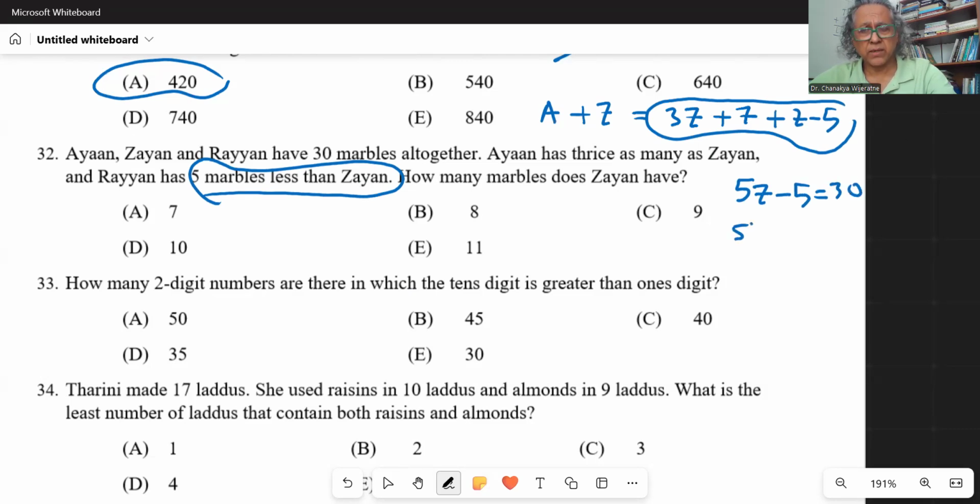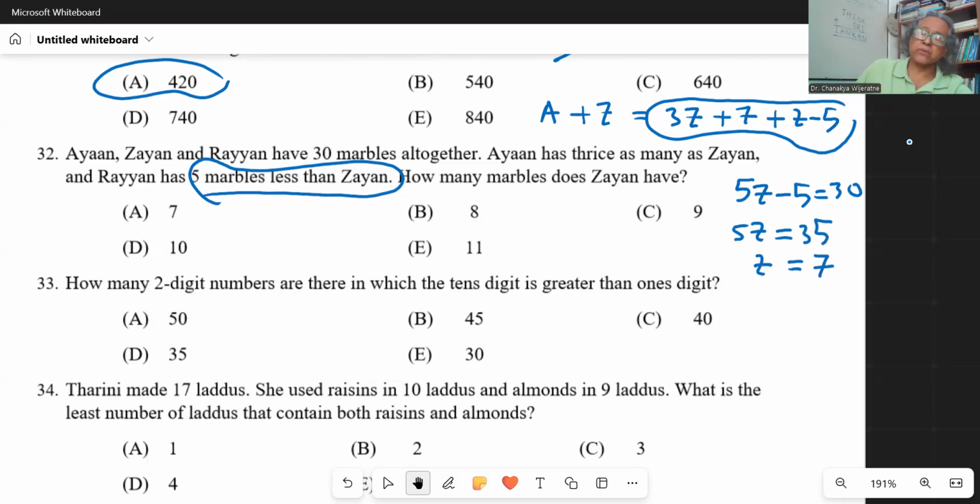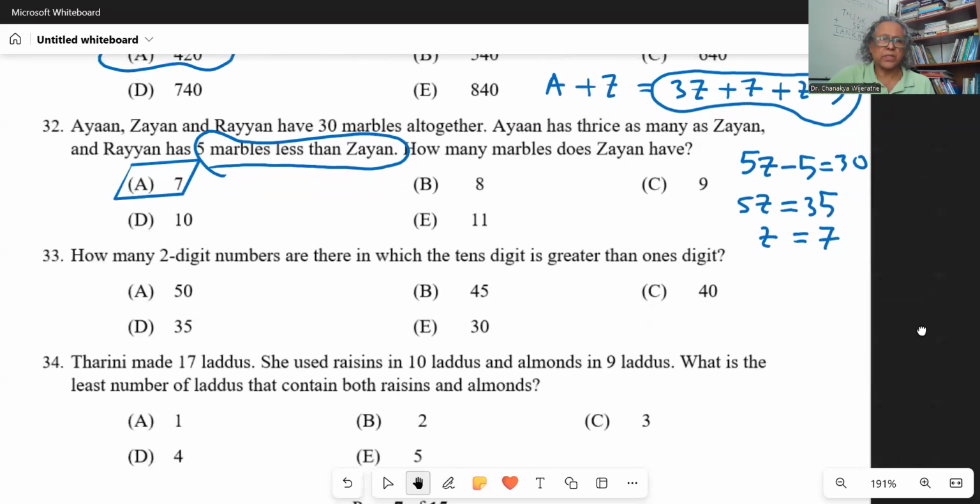And then 5 times the number of marbles San has is 35, because if you take away 5, it is 30, right? That means San has 7, because 5 times the number San has is 35, so 7 is the answer. Okay. Let's go to the next question.